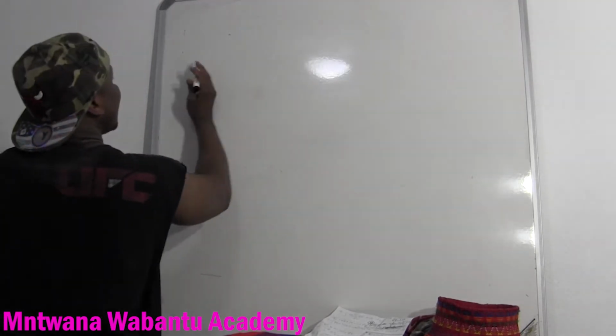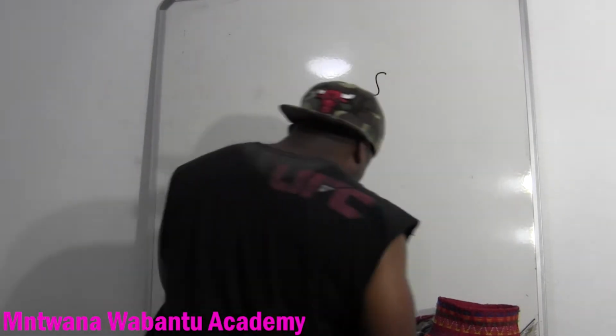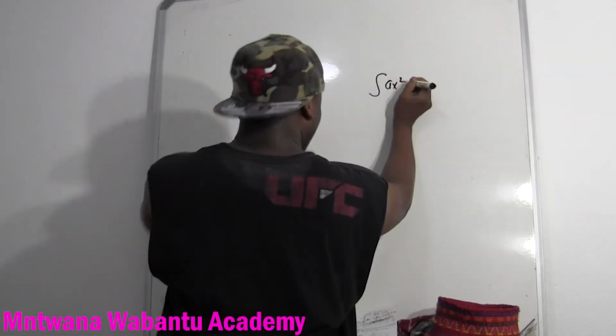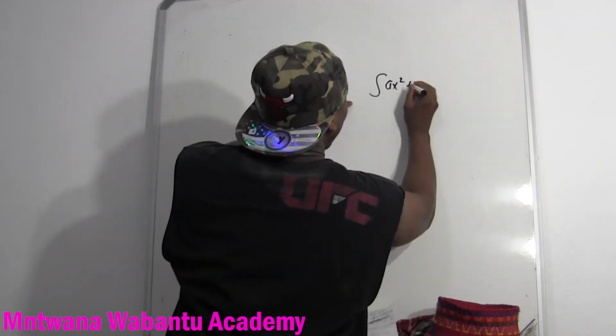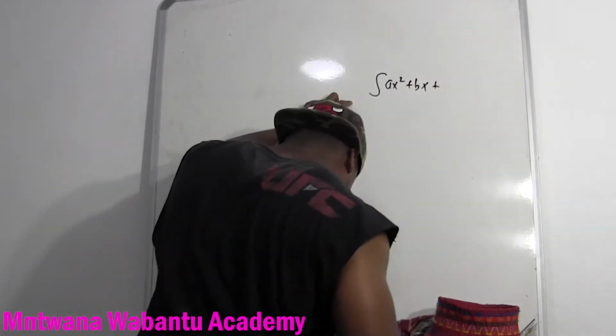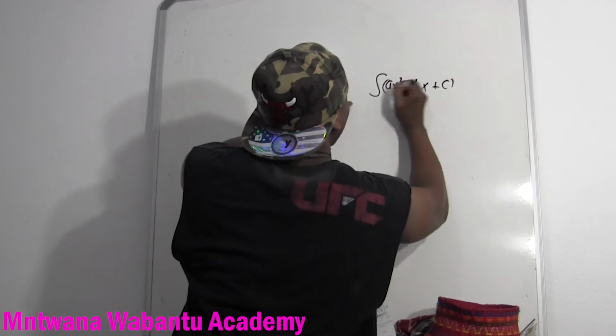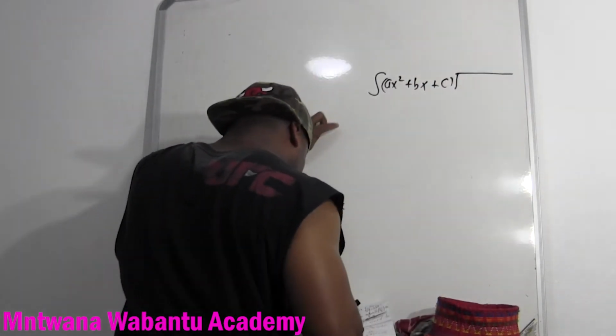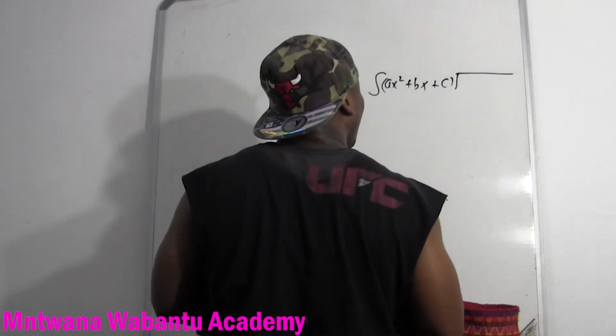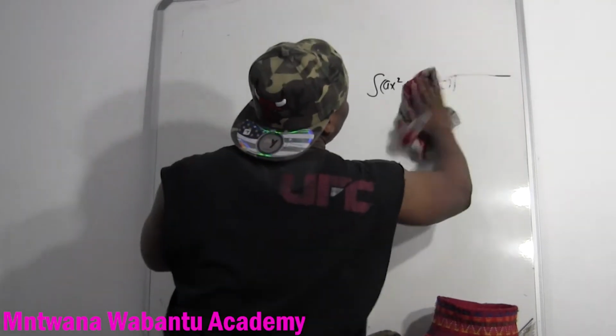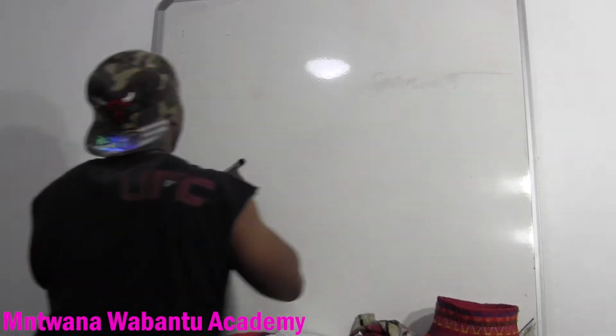Okay, so we got the integral of ax squared plus bx plus c, and we got a root of, oh, the space is not enough there, I started too far. Let me start from the right.